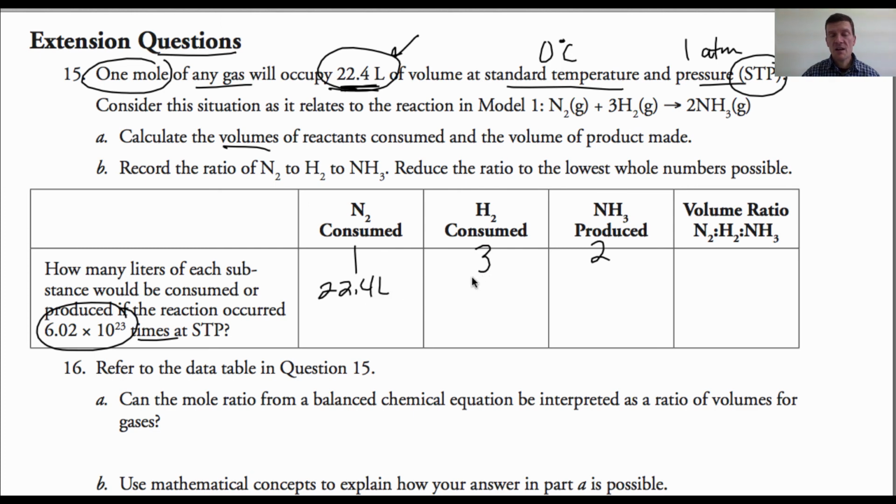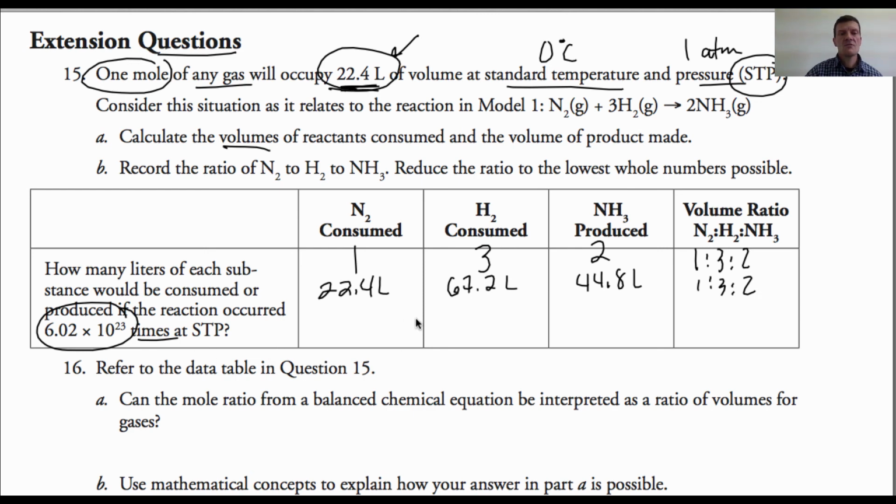This would be 3 times 22.4, so that's going to be 67.2, I believe. 2 times 22.4 is 44.8 liters. But it's still a 1 to 3 to 2.